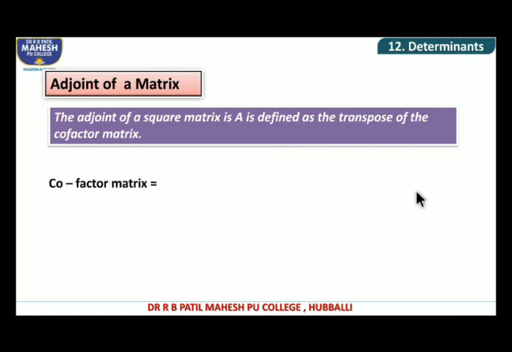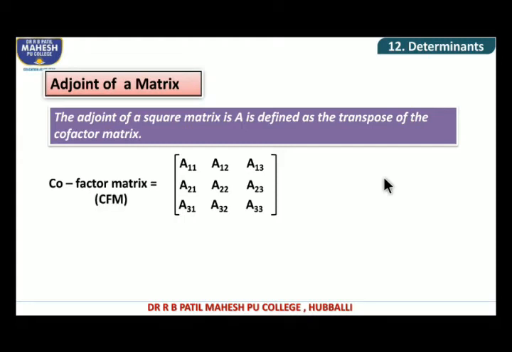Here, the cofactor matrix can be written in the form of the matrix capital A11, A12, A13, which are the cofactors of elements of the first row. A21, A22, A23 are the cofactors of the second row. A31, A32, A33 are the cofactors of the third row.